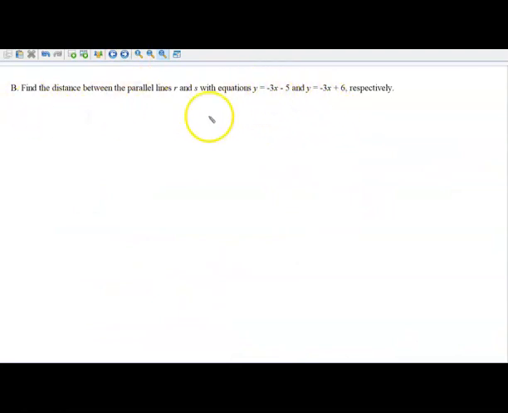All right, so let's find out first of all what is the equation for the line, the segment that would be perpendicular to these? So that would be y equals positive 1/3 x, and it doesn't really matter which one of these you use as your y-intercept. Let's just say we want to do plus 6.